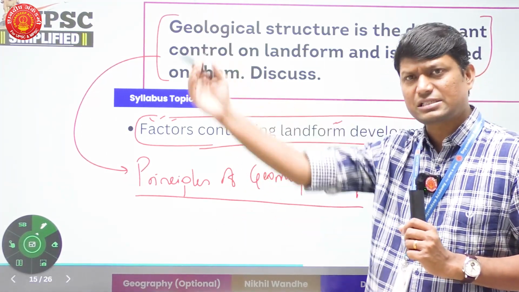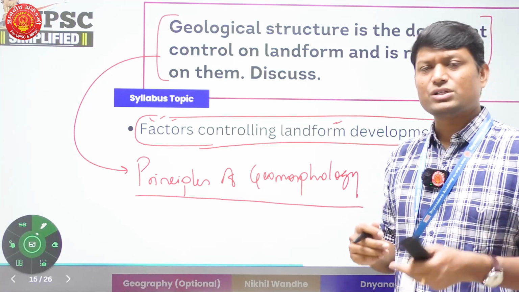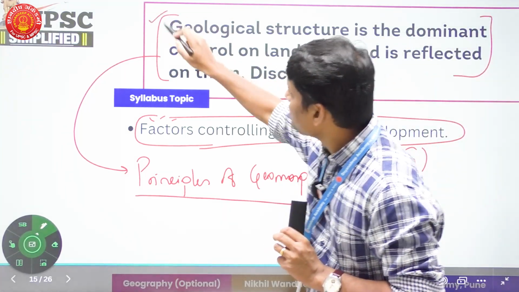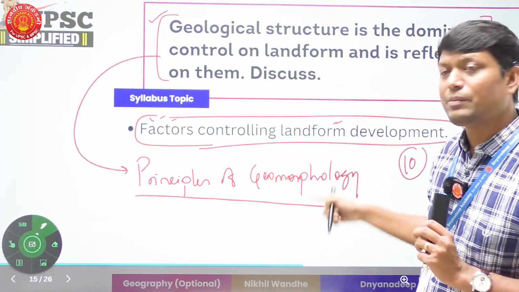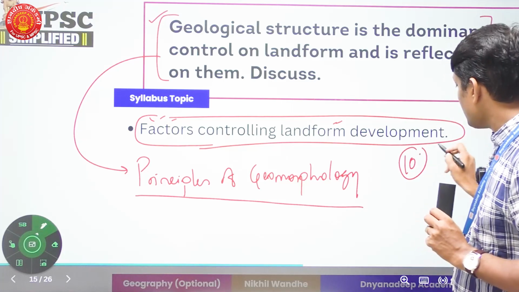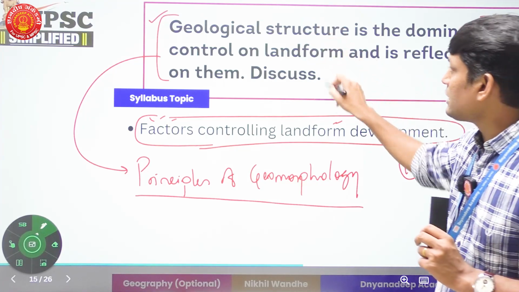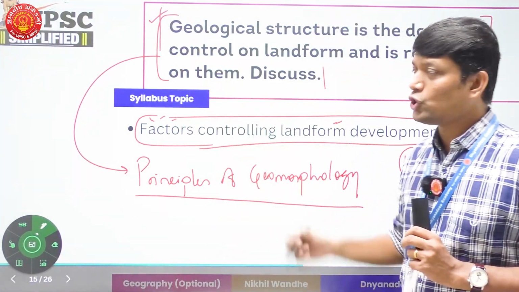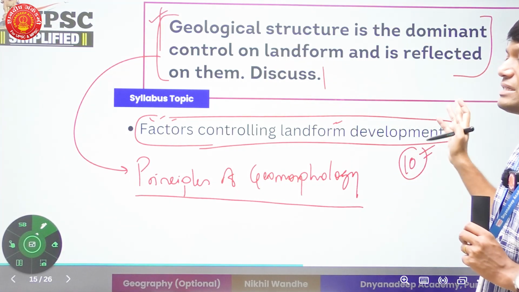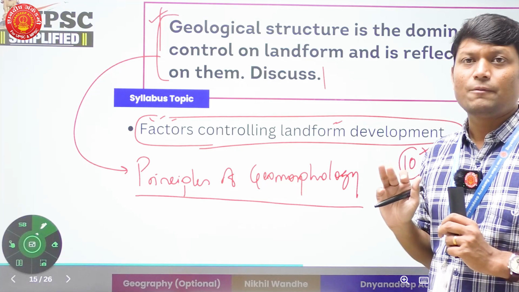So there are 10 such statements, their evaluation, and so on. Now, this is again a straight statement out of the principles of geomorphology. If you find these 10 statements, there will be one statement which is this: geological structure is the dominant control on landform and is reflected in them.